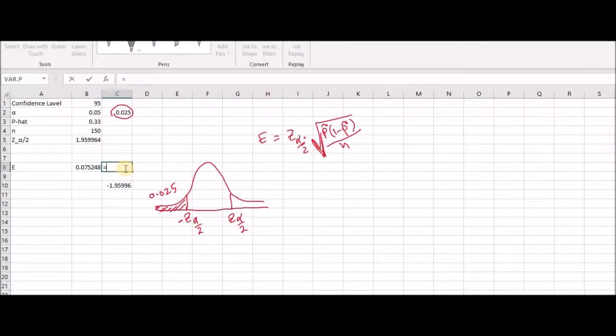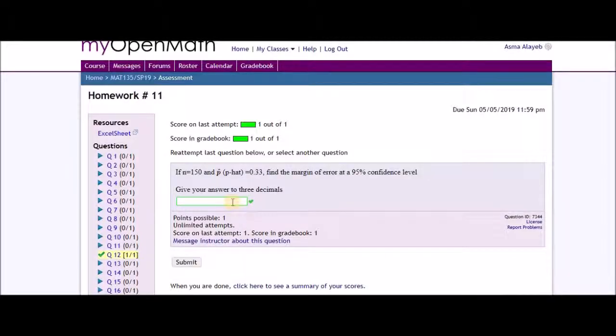So this is equal to z sub alpha divided by 2, which is 1.959964, times the square root, sqrt, of p hat 0.33 times 1 minus p hat 0.33 divided by n 150, and then close parentheses and click enter. Essentially, I will have the same number, so I'm going to click on one of them and paste it to the answer box and check whether my answer is correct or not.